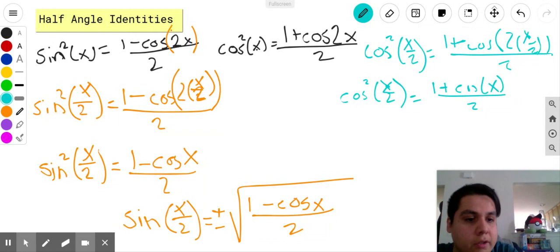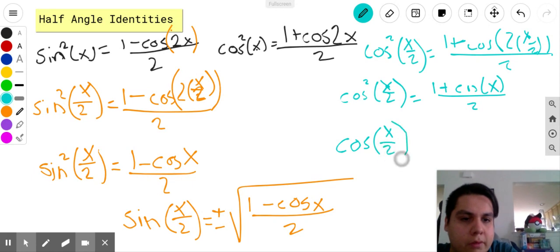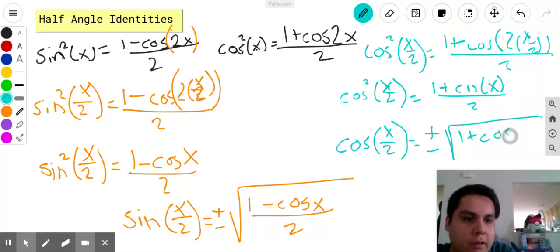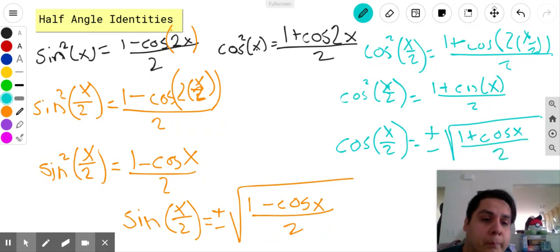Go ahead and introduce the square root. We get cosine of x divided by 2 should equal plus or minus the square root of 1 plus cosine of x divided by 2.